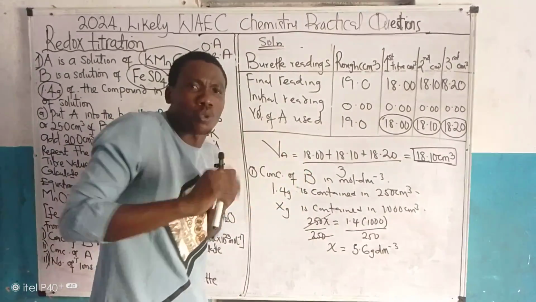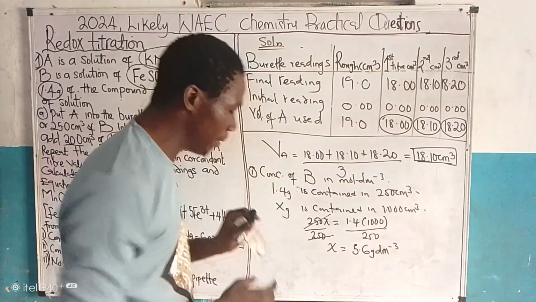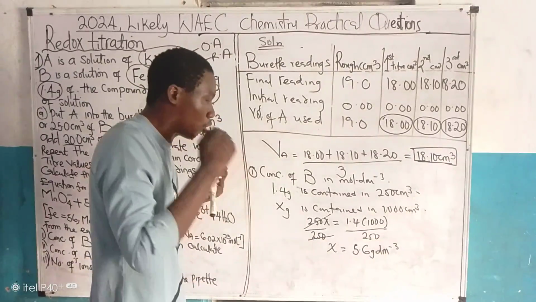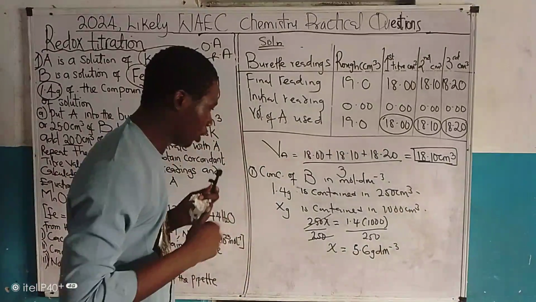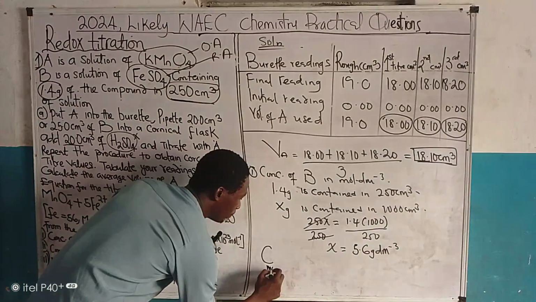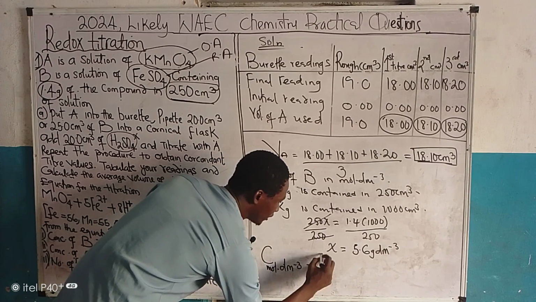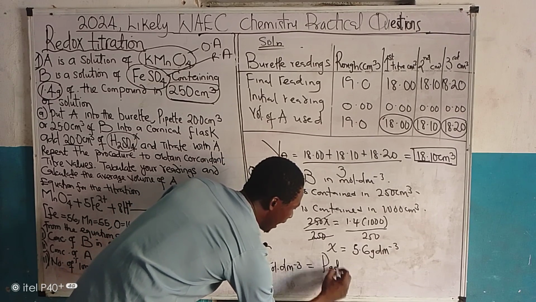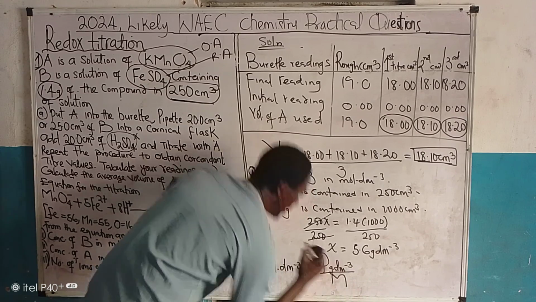Now we can go as far as to calculate the concentration in mole per dm3. How do we calculate the concentration in mole per dm3? Please take your book and your pen and jot this down. Now, concentration in mole per dm3 is equal to concentration in gram per dm3 over molar mass.